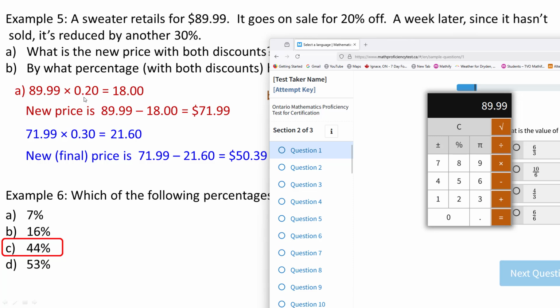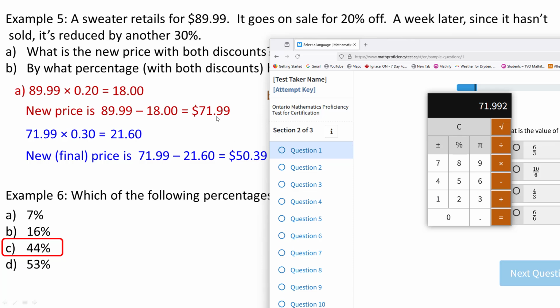First you're taking 20% off. If you're taking 20% off, you're still paying 80% of the original amount. We always talk about discounts, but the 71.99 is actually 80% of this. If I take my 89.99 and multiply it by 0.8, there's the 71.99.